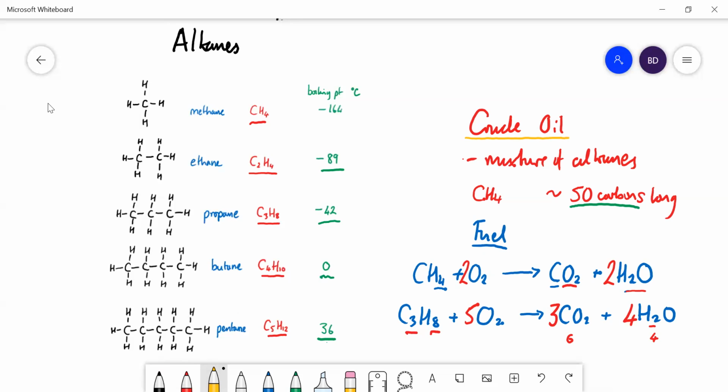The molecules in petrol all need to be about the same number of carbons long. Same in diesel, where the number of carbons is slightly longer, and so on. We'll talk about that in the next video, how you separate crude oil, which you do by using fractional distillation.